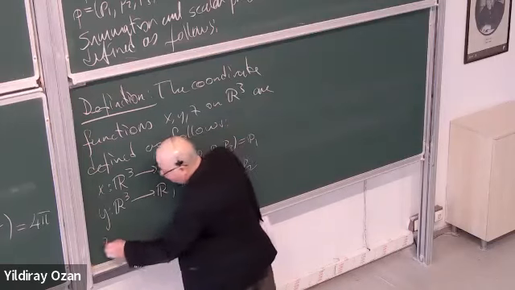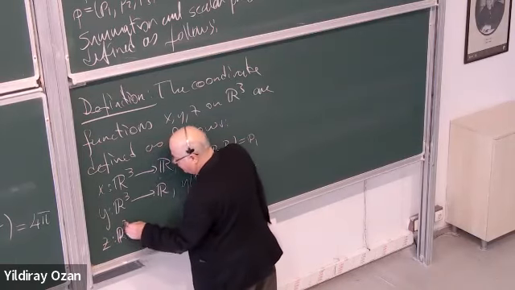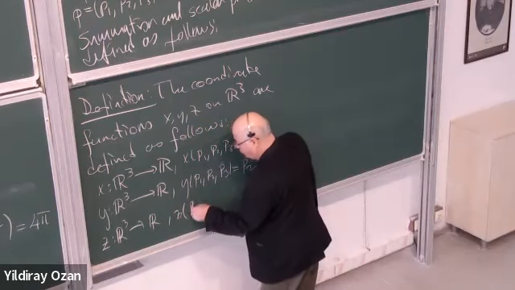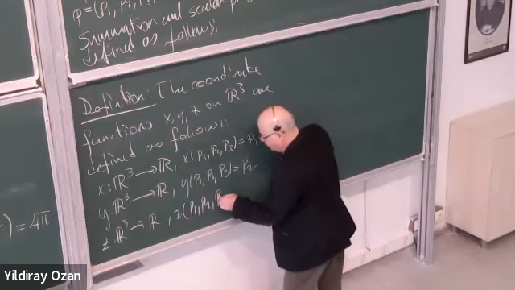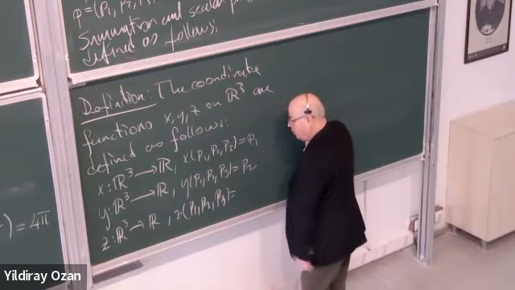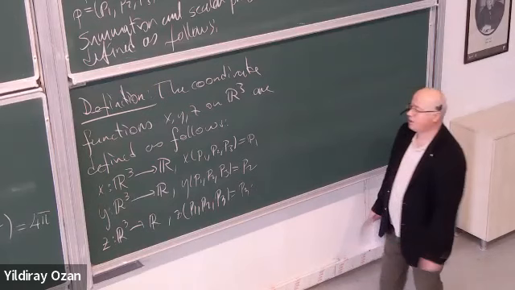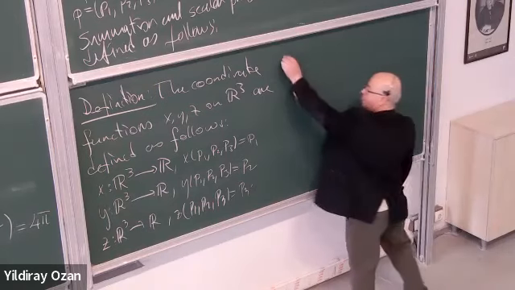And the z coordinate function is the function which gives us the third entry of the triple. Okay, so these are the coordinate functions.